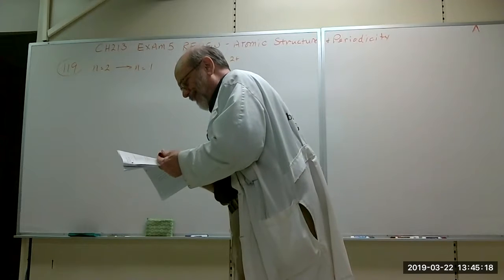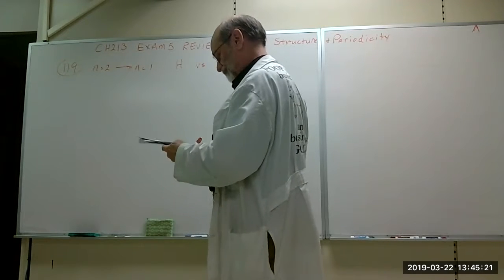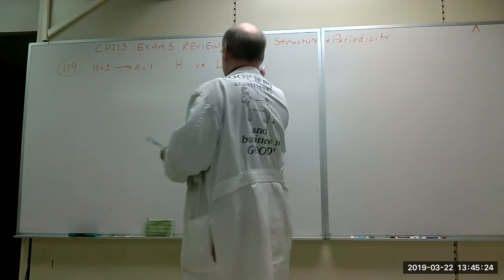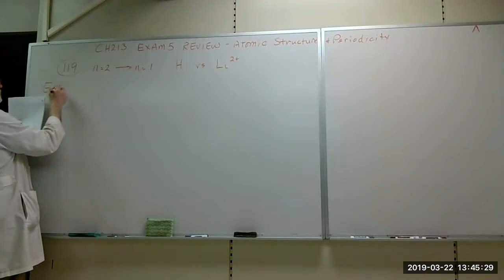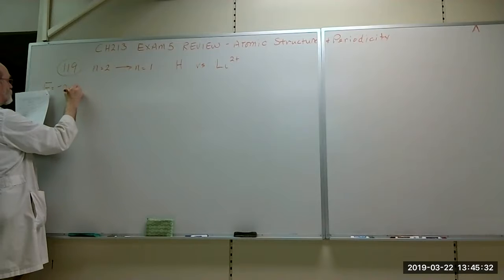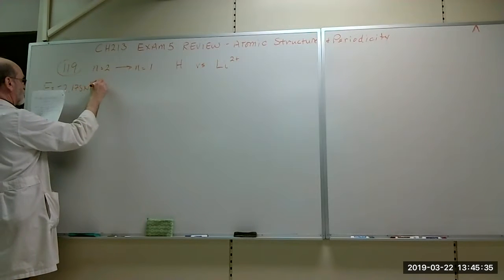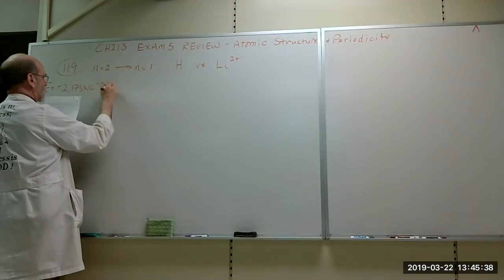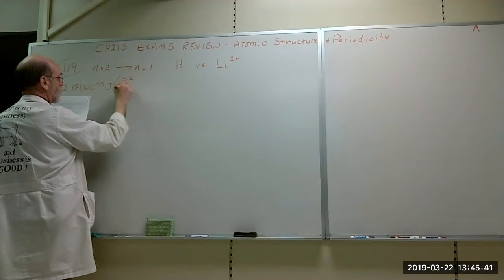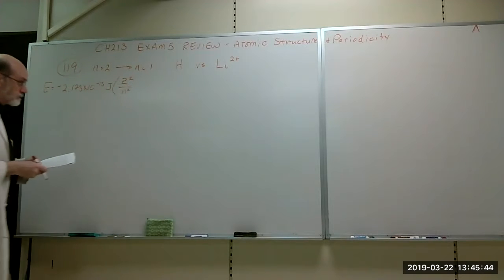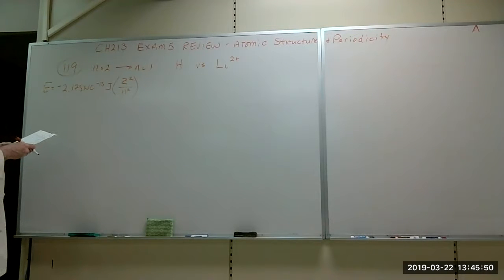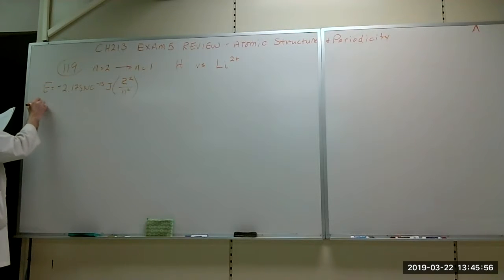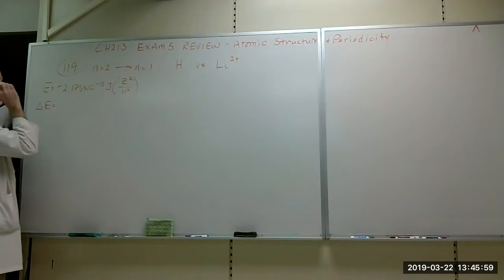Let's see. All right. So we're going to be using this formula. Minus 2.178 times 10 to the minus 18, Z squared over n squared. And the transition, maybe I can put that in 1. And we have a delta E that we could incorporate here.